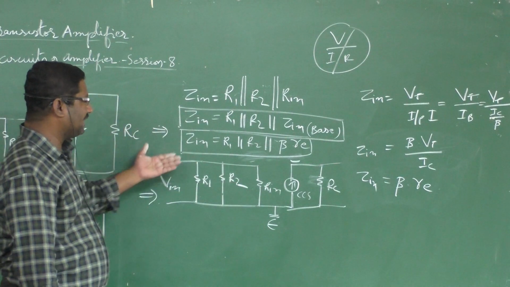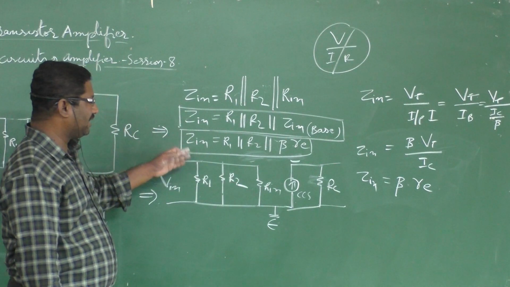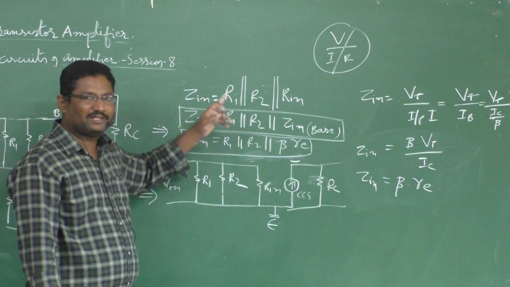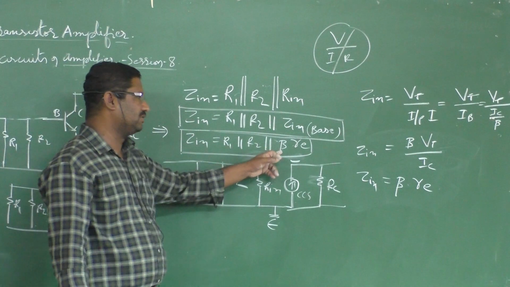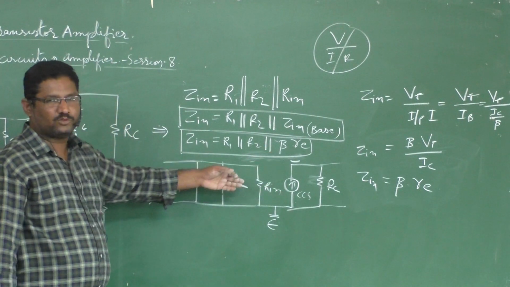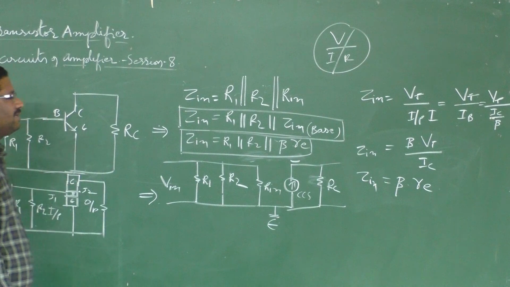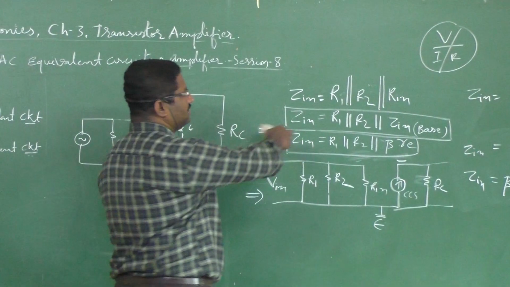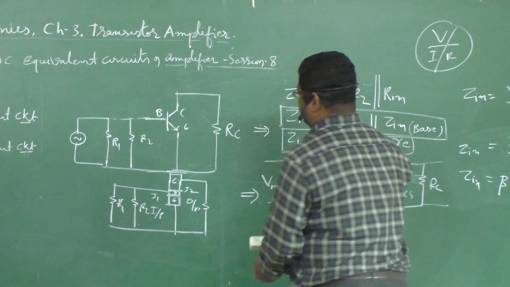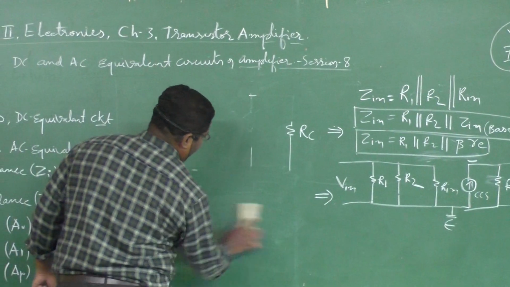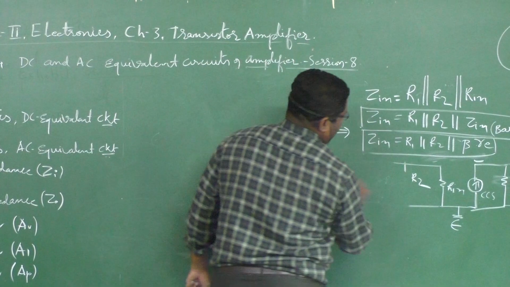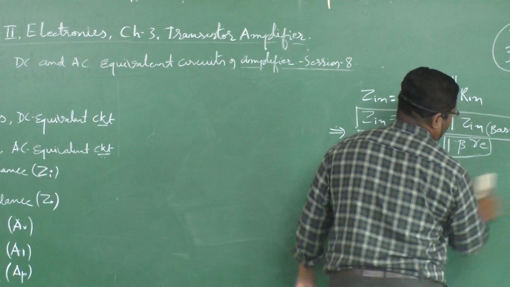The Zin can be calculated as R1 parallel with R2 parallel with beta into RE, if beta value is given. Or if Zin base is given, you can use the second or third equation. So this is the input impedance expression.